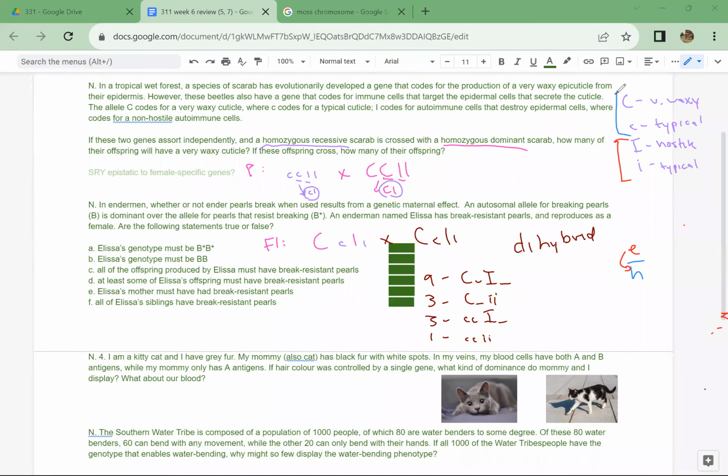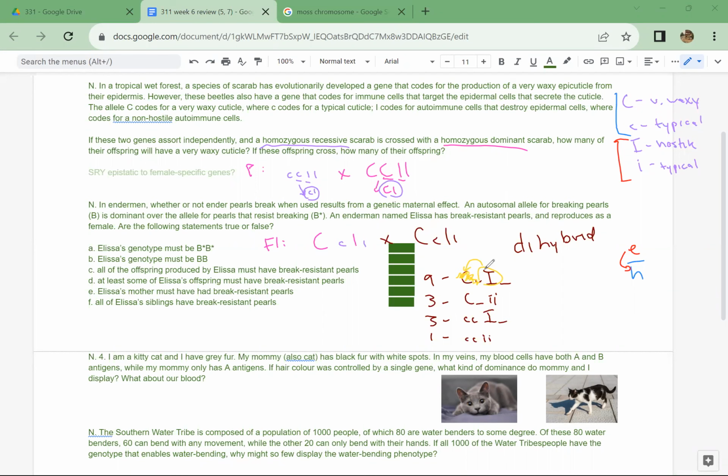particular phenotypes, which we can infer from the information given to us in the question. So once again, we have to investigate the epistatic nature of these genes. We see that we have the genetic capability to produce a waxy cuticle, but 9 of the individuals, because they have this dominant allele at the epistatic locus, this overpowers whatever happens at this locus.